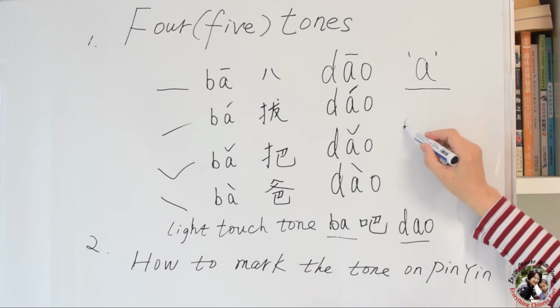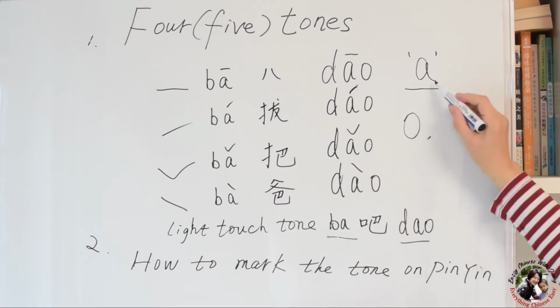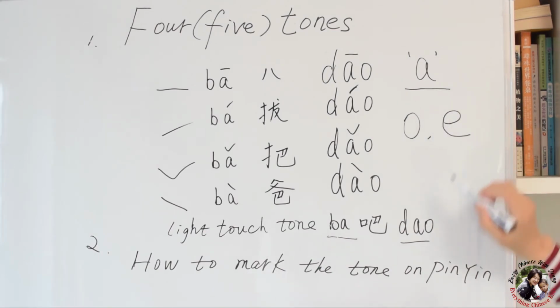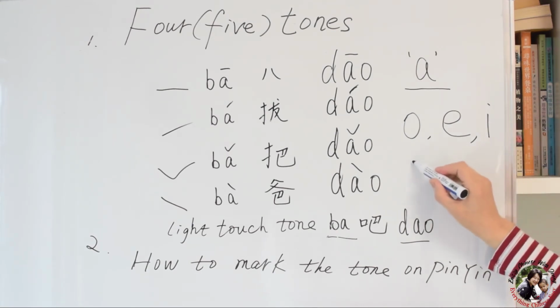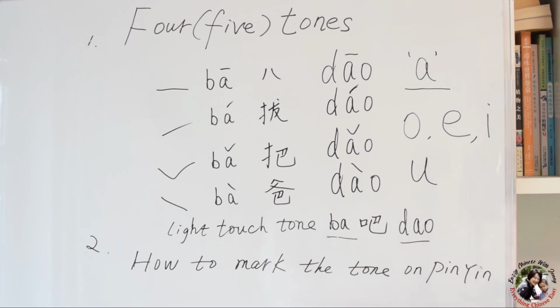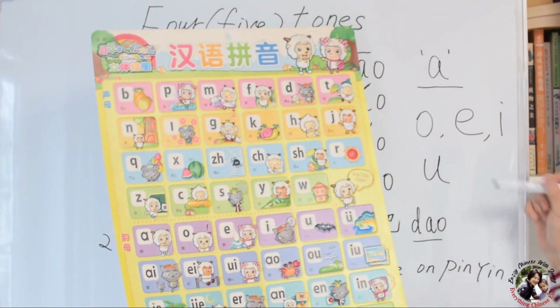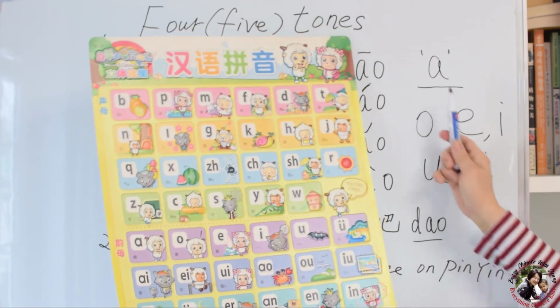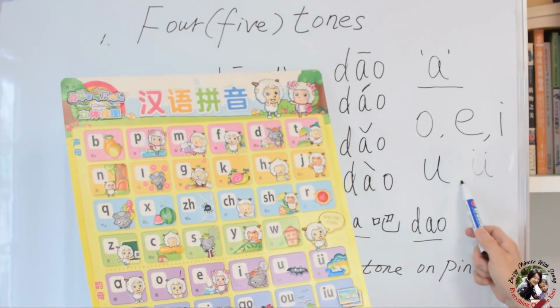And then next one is O. And then if there is no A, O, you find E, and the last one, U. So always A, O, E, U. Find this first, you put the tone sign on top of them, in order. This is the order.